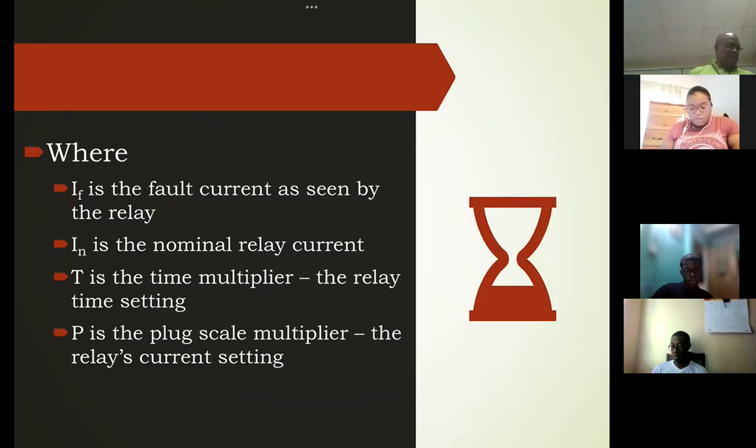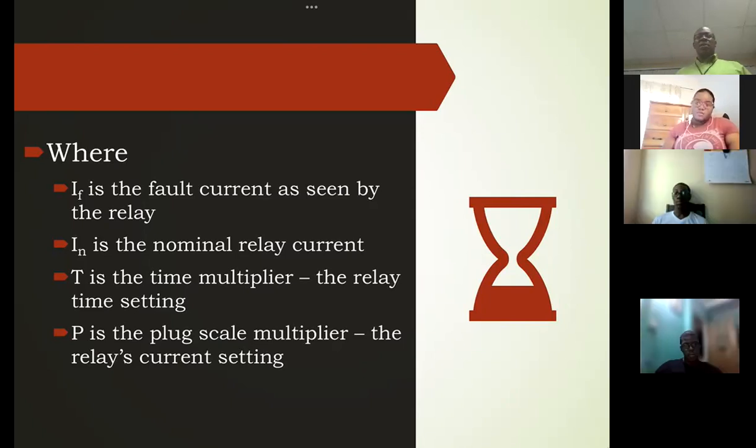In fairness, PIN would really give you a plug setting, so it will be IF over PIN, and that would really give you a multiplier. Are you with me? When we call it here the plug scale multiplier, that's a sort of old term, because we now know that we can get the plug setting directly from the relay. So we know the operating current of the relay.